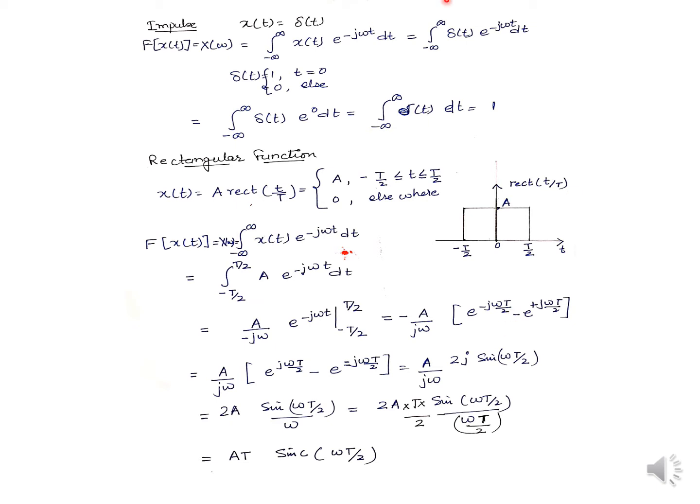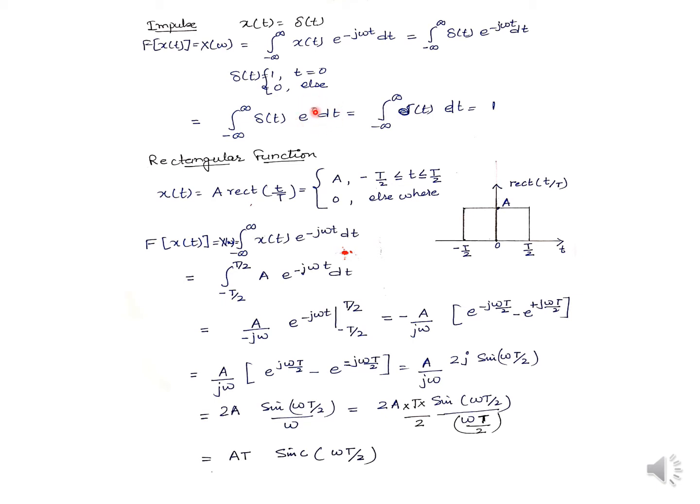Now some functions which we need to define. If we need to find the Fourier transform of x(t), which is equal to delta t, or you can say the impulse function, it will be integral from minus infinity to infinity of delta t e raised to the power minus j omega t. You must know that delta t is equal to 1 for t equals 0, and remaining it's equal to 0. So when you put this limit, basically you are putting t equals 0 wherever t exists.